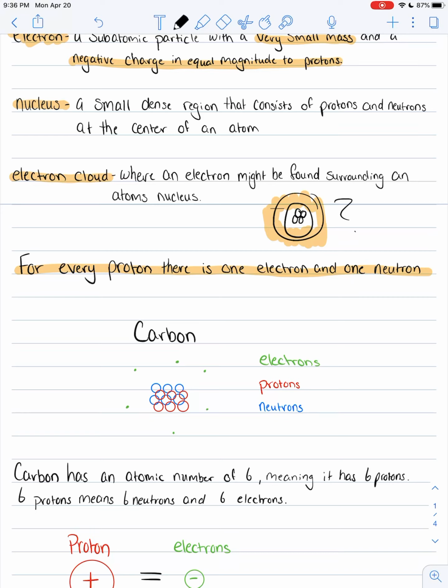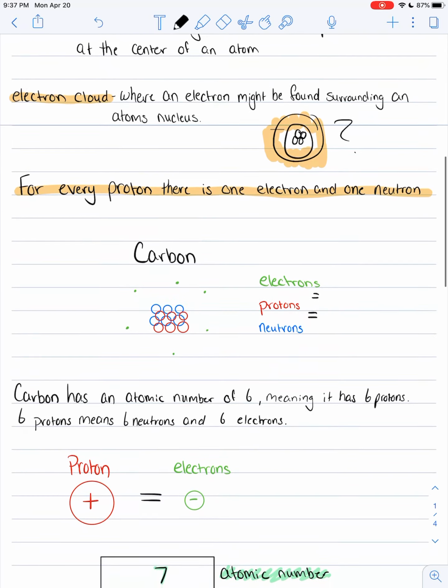So you have to have an equal number of protons and neutrons because that's what constitutes the nucleus. And you have to have an equal number of electrons and protons because an atom that is positive is not happy and an atom that is negative is not happy. So you want to keep it as neutral as possible.